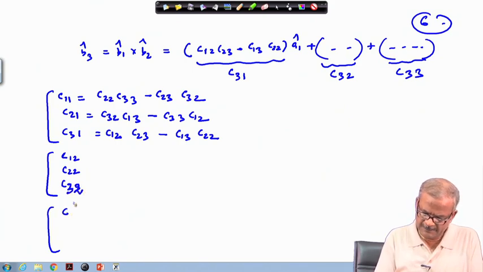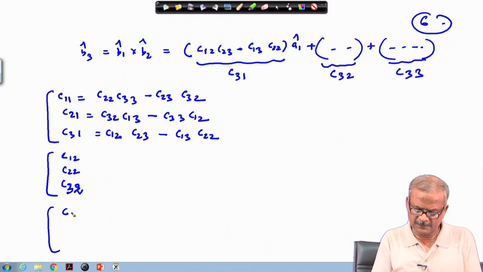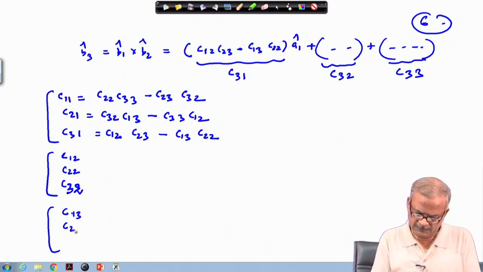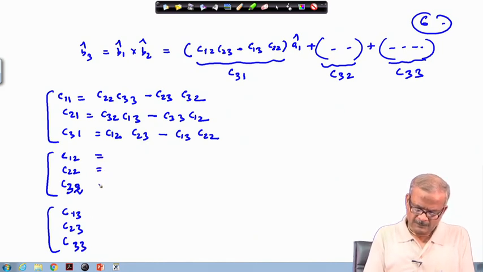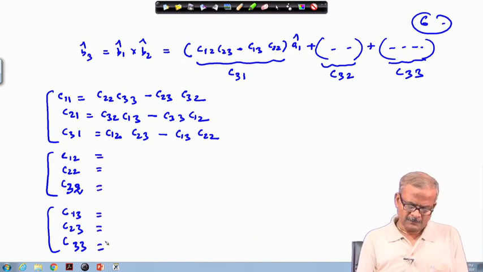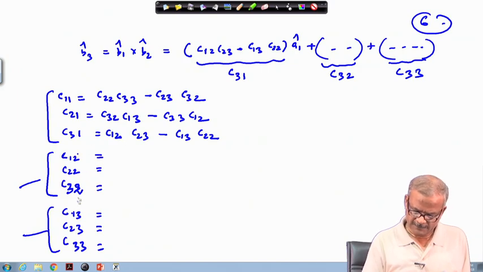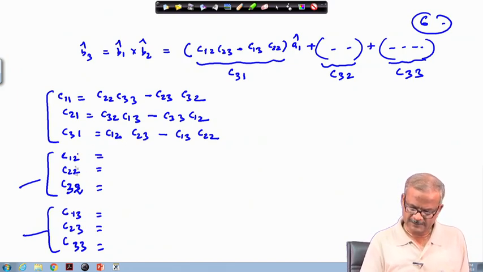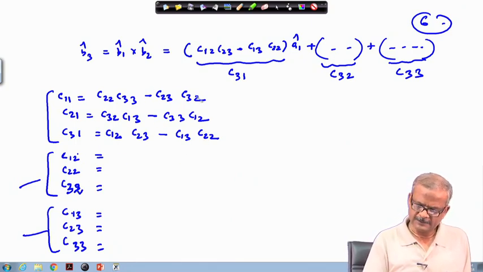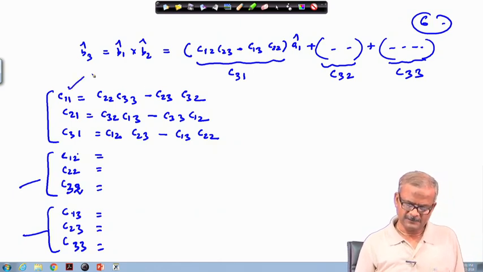Okay. And here you will get C 13, C 23 and C 33. So, if you get these two sets directly, then you can use these values here, because you can see C 12 is present here, C 23 is present here. In the same way the others are present on the right hand side. So, using these 6 you can calculate these quantities here and therefore, you can get this. Okay. So, this shows that they are not independent.